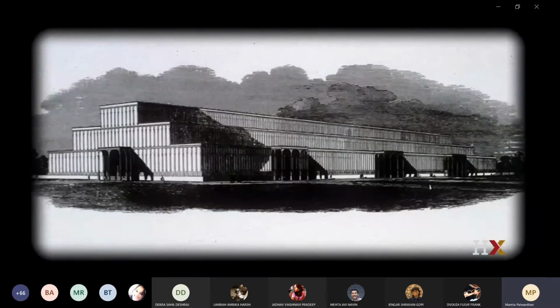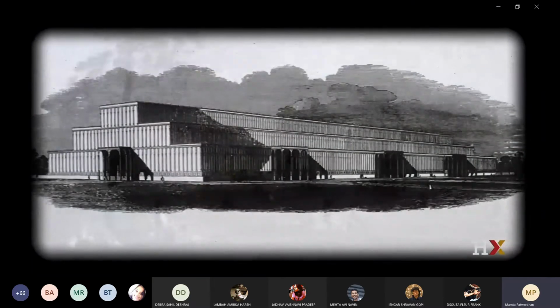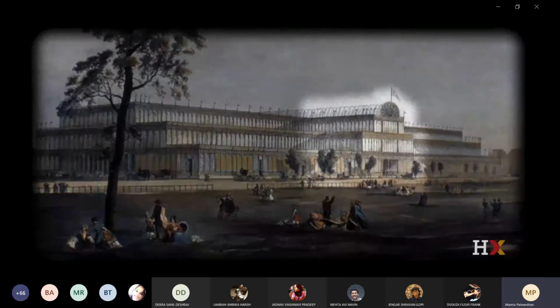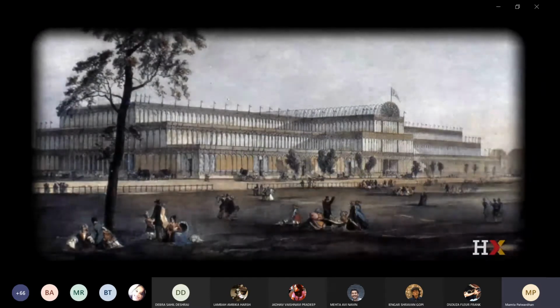Another thing to notice, there is no transept, contrary to the final building in which we can see a transept with a barrel vault in the middle of the building. The transept was actually an idea that emerged at the intersection of a couple of concerns. One was that the ground on which the building was to be constructed was leased, but had to be brought back to its initial shape.